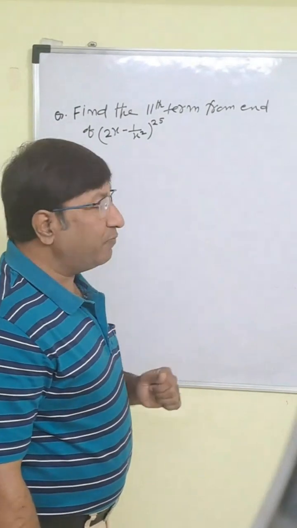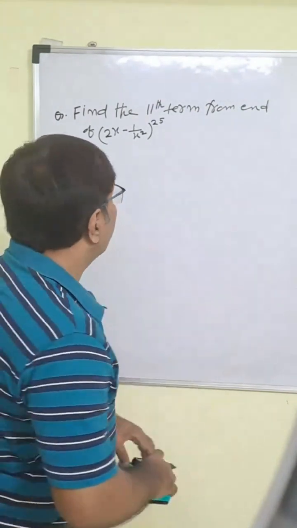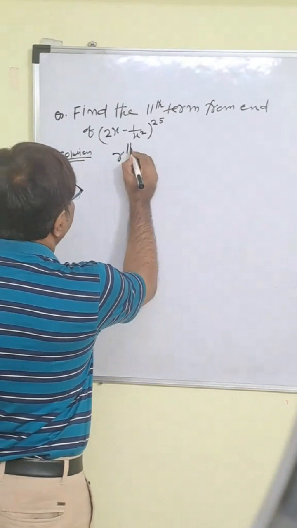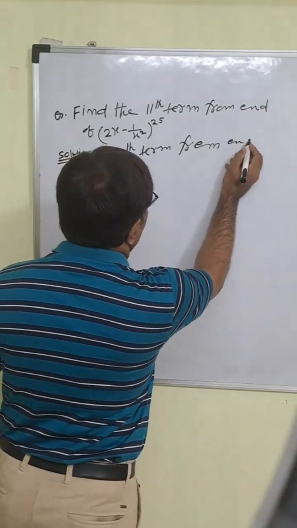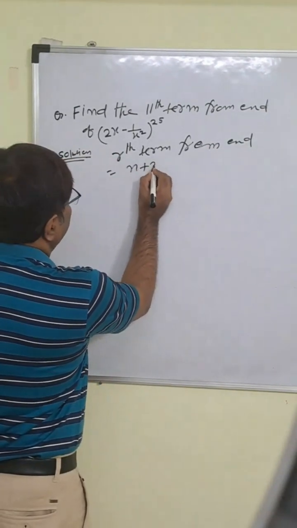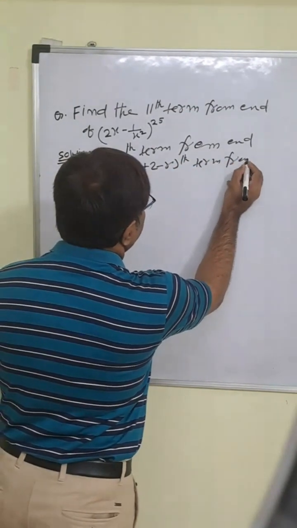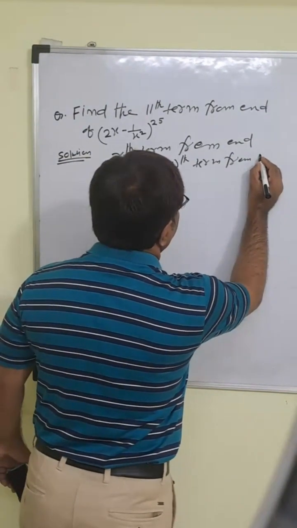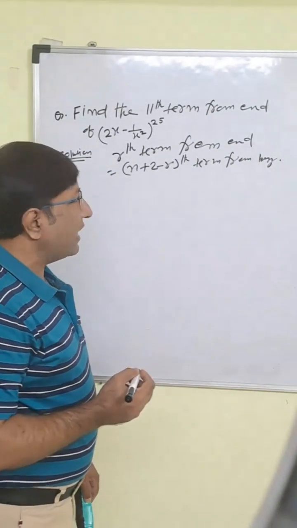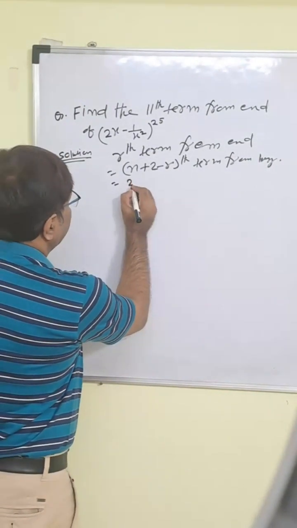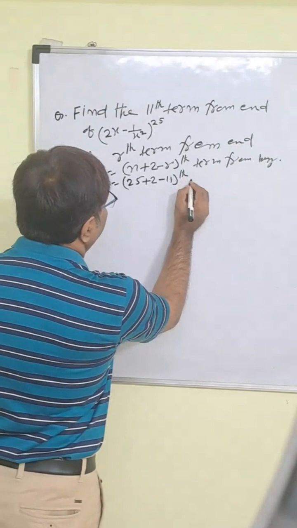For this type of question, the simple technique is to first find the term number from the beginning. The rth term from the end equals n plus 2 minus r, that is, the rth term from the beginning. Here n is 25, so 25 plus 2, and r is 11.